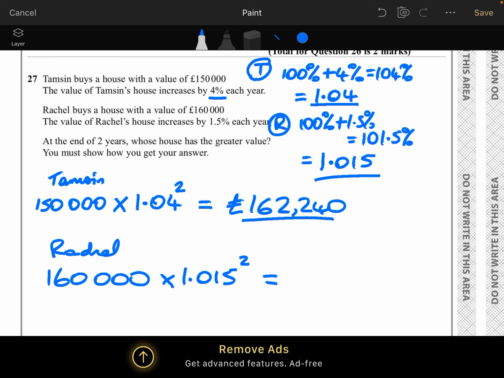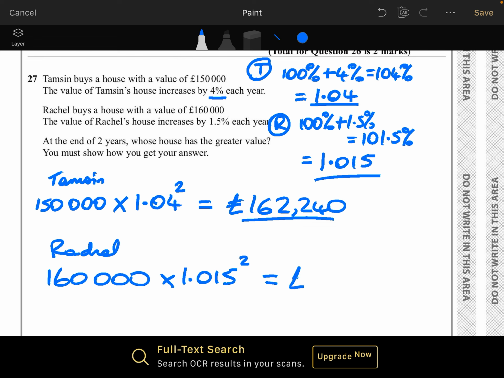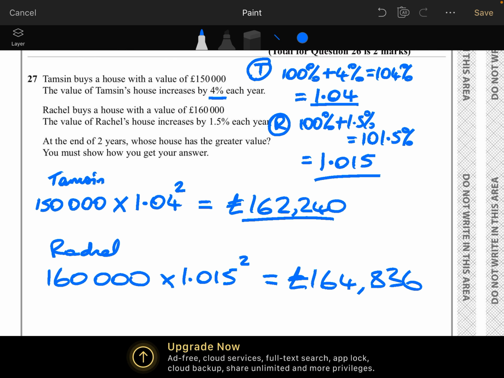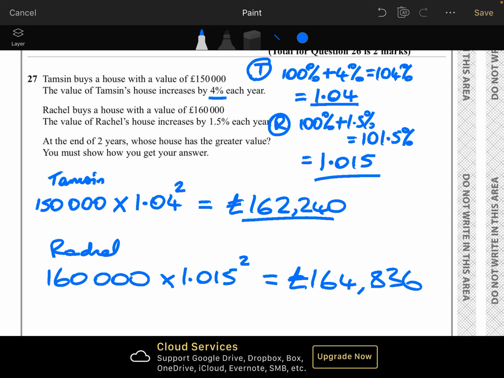And multiplying that out, 160,000 times by 1.015 squared, because it's the power of 2, and that equals 164,836. Let's just check that I've got that correct. Yep, I agree with those values when I check them.